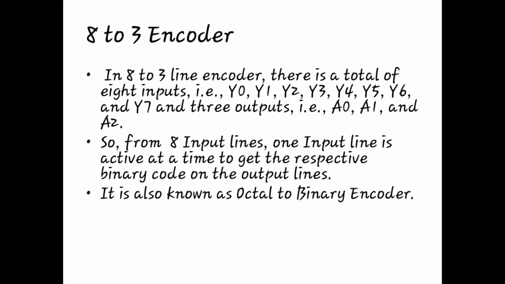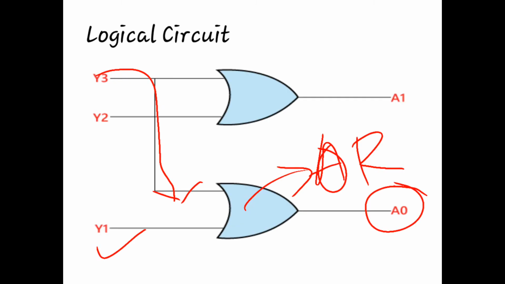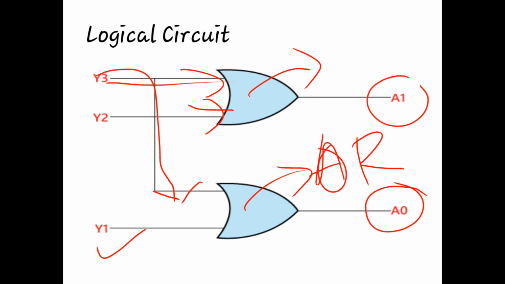Similarly, if we talk about A1, then it is basically utilizing the y2 and y3 variables. So y3 and y2 with this OR results in A1. It is not a difficult one.